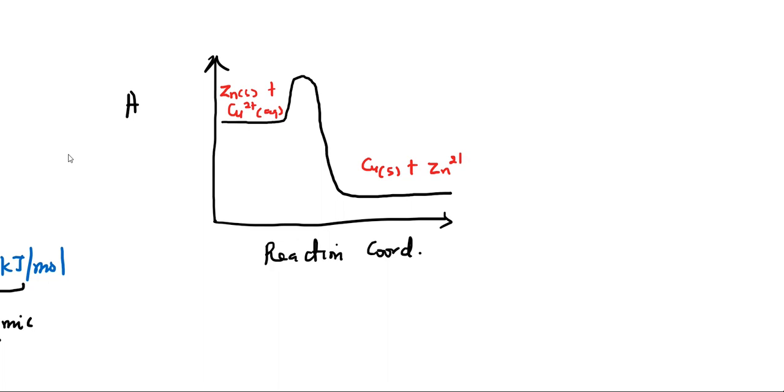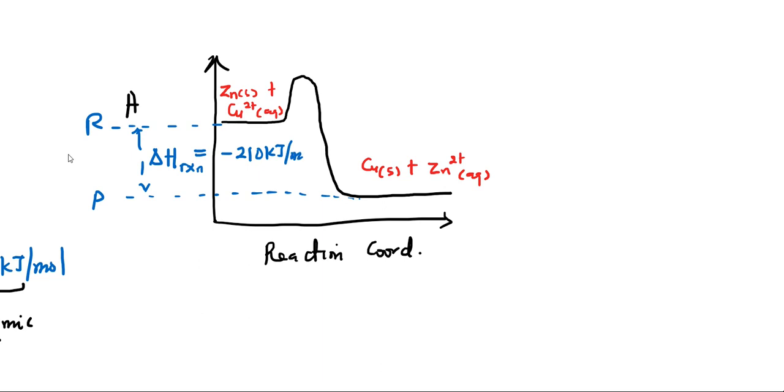So if we check the relative energy of the reactant and the product, so this is the reactant and this is the product, the difference between the two will give us the delta H of reaction, and this is minus 210 kilojoules per mole.